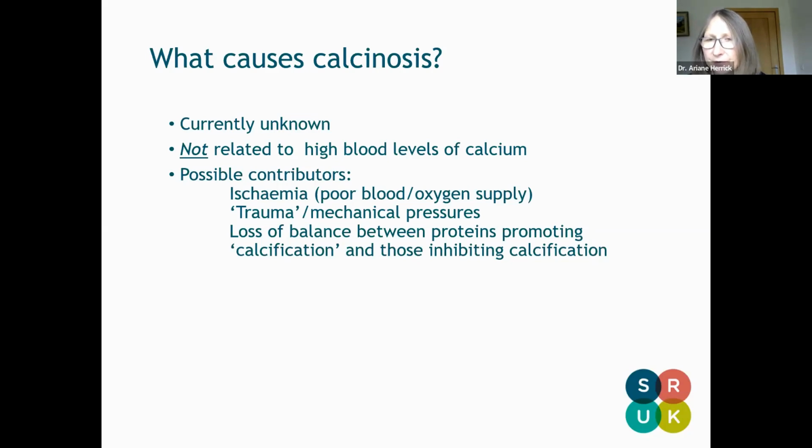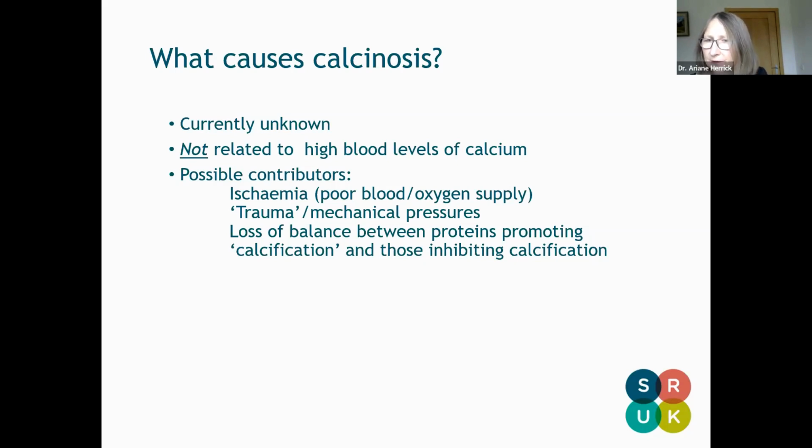There are a number of possible contributors to calcinosis that we're fairly confident about. One is that we think that poor blood supply is important in contributing to calcinosis. And we also think that mechanical pressure over areas can contribute to calcinosis. One of the reasons that we think that is the sites that are affected by calcinosis: the knees, the elbows, the fingers, and particularly in the fingers, the thumbs and the index fingers.